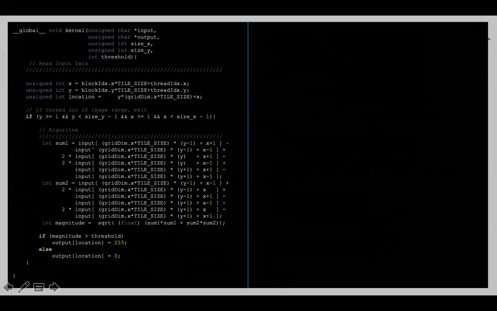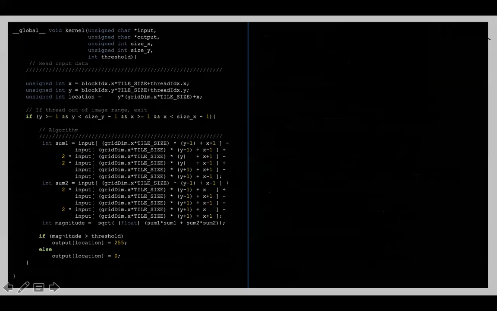It's basically applying these two masks to calculate sum1 and sum2, and then calculating a magnitude based on that. First it's applying mask 1, and then the second mask, and then calculating the magnitude value based on that. The magnitude is the square root of X squared plus Y squared, where X is sum1 and Y is sum2.